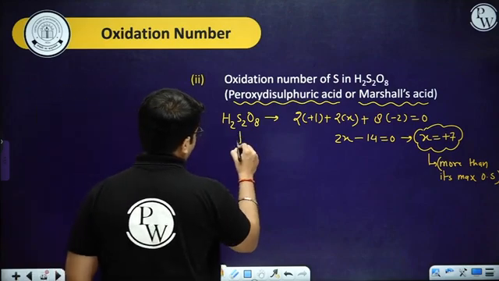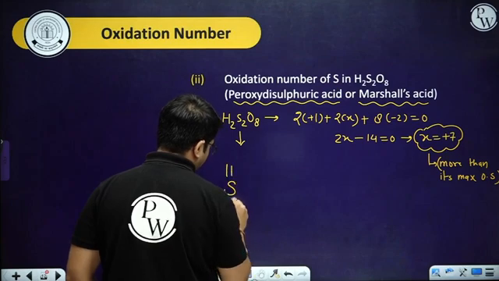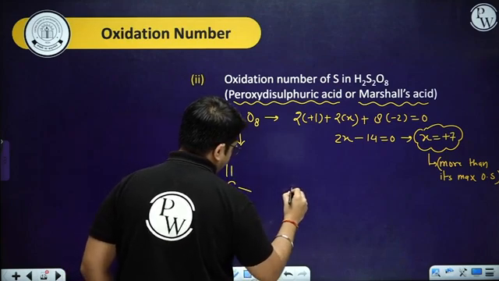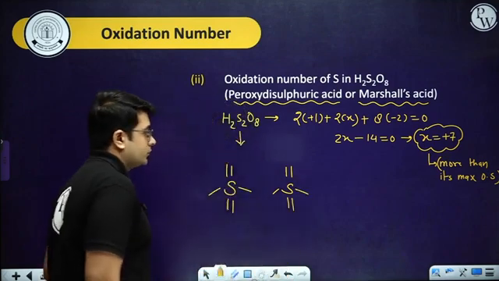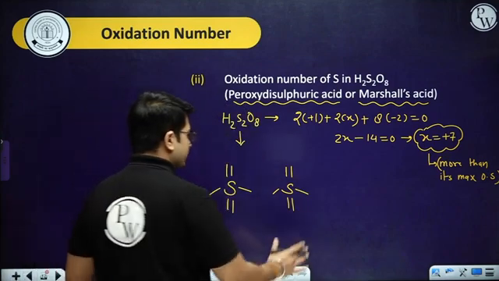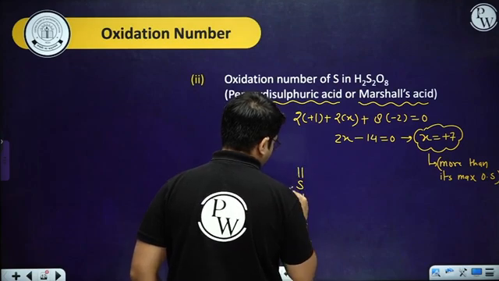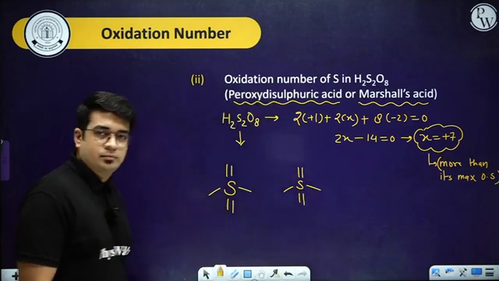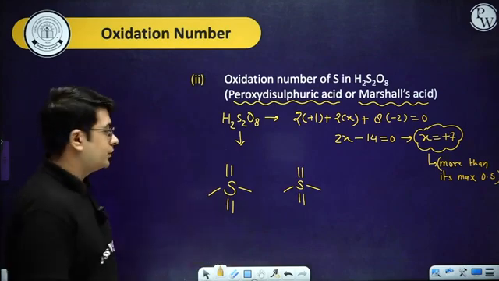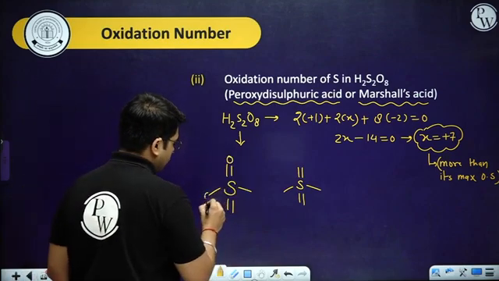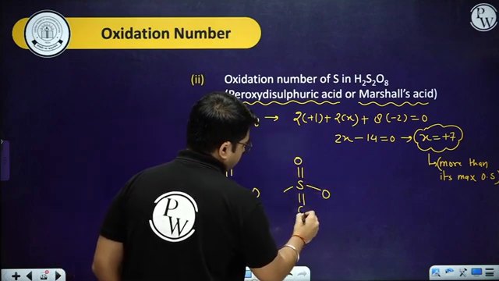So what can we do? We can draw the structure. Sulfur double bond single single, then sulfur double bond single and single. That's how we can deal with this part, because two sulfurs are there, so I am drawing two structures. Now you know 8 oxygens are there, 1, 2, 3, 4, 1, 2, 3, 4.